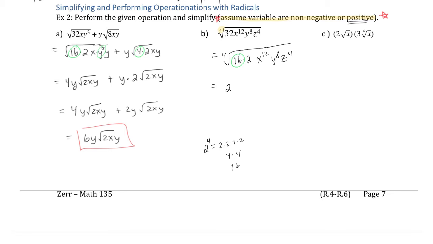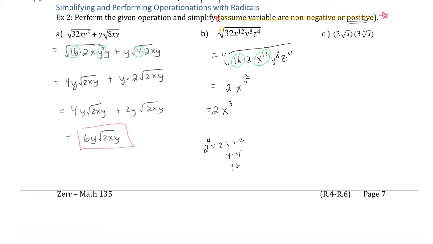And then the fourth root of x to the 12th is x cubed, because the power is the numerator of that fraction, the type of root is the denominator. So with our numbers, we take the actual fourth root, but with our exponents, we divide by 4. So we'd get x cubed.